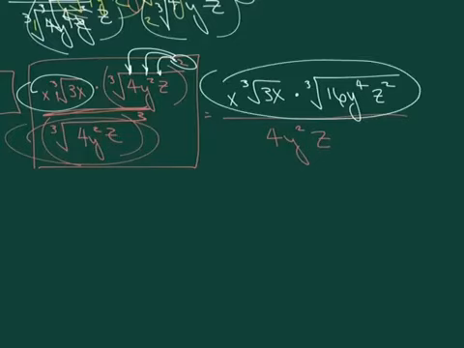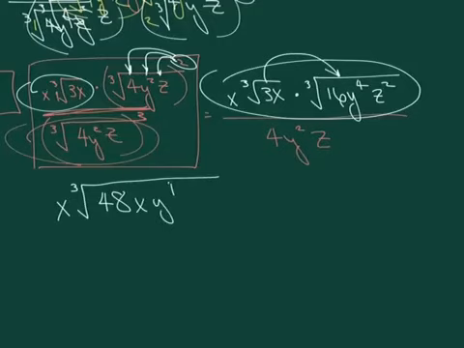So our x we don't do anything with. There's nothing to multiply it by, but everything inside, I can multiply the 3x times that. 3 times 16 is 48, and then x y to the 4th z squared over 4y squared z.